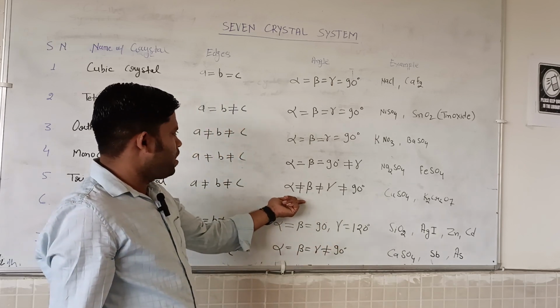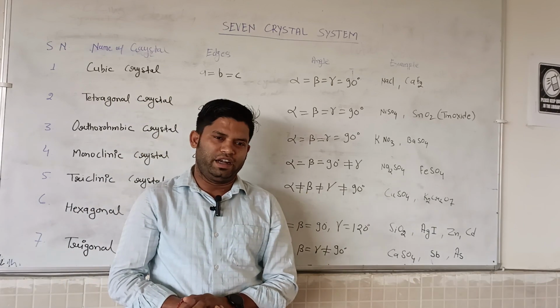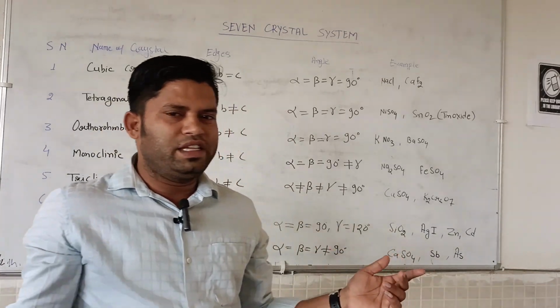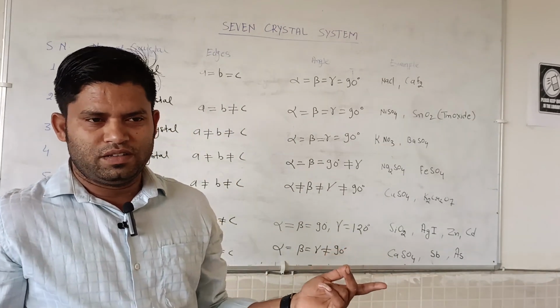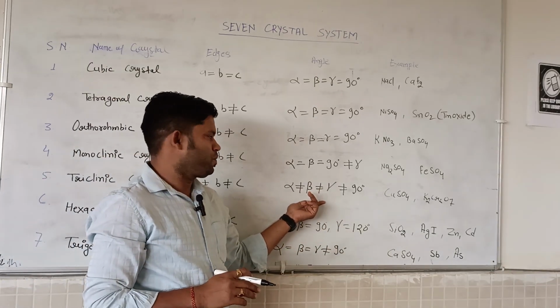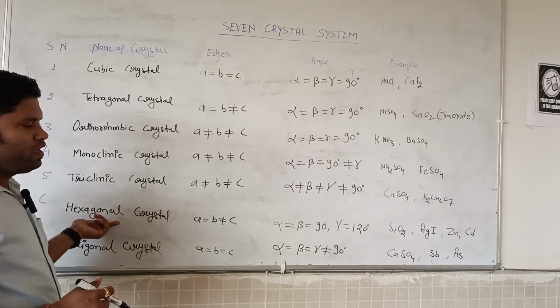That means alpha not equal to beta, not equal to gamma, not equal to 90 degrees. That means every edge is different, so the angles are also different. Now come to the hexagonal crystal.